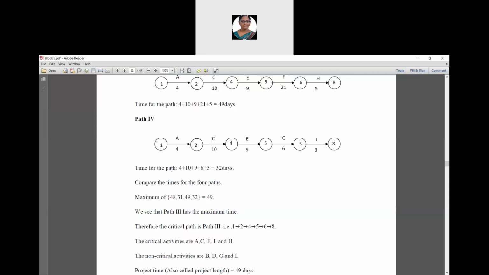So the time for path 4 is 4 plus 10 plus 9 plus 6 plus 3. It is 32 days.